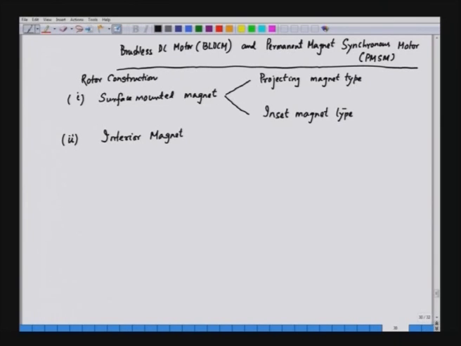Let us see the structure of the surface mounted rotor. So, we have the rotor here, and in the rotor, it is a 4-pole structure. The magnets are mounted on the surface, like this.